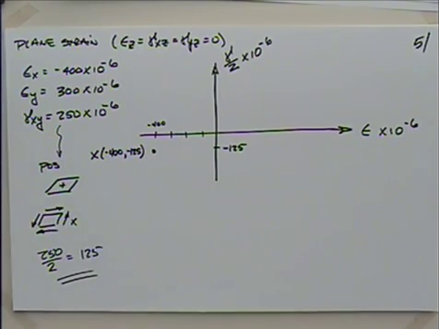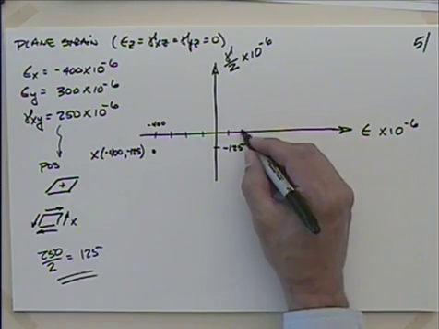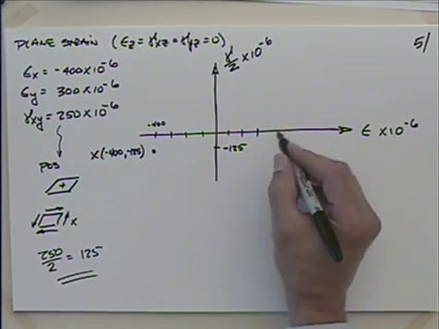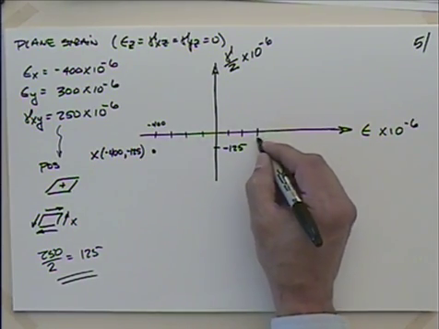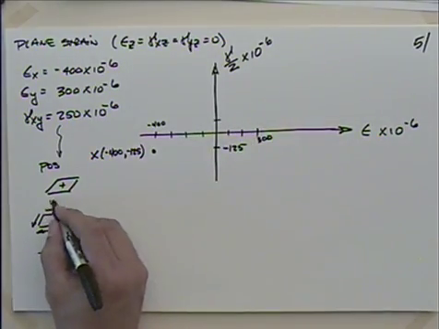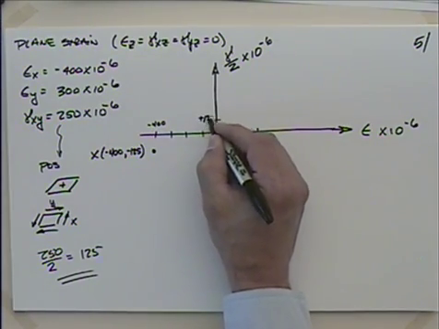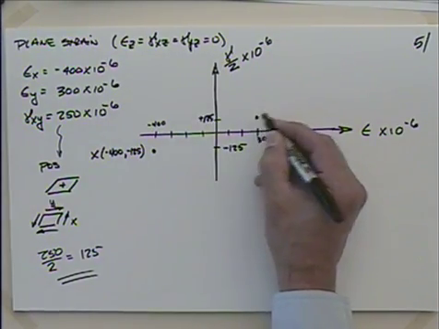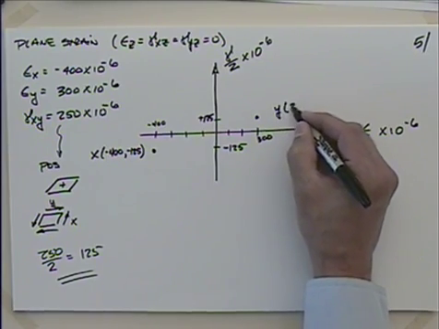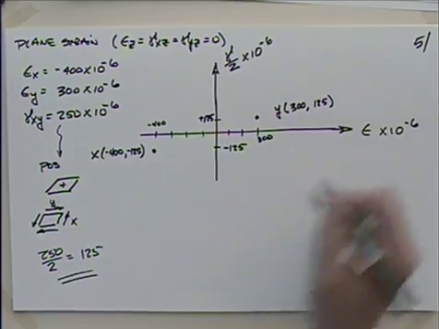We don't want to forget about that because it's gamma over 2. So there's the x point. Then the y point is positive 300, so 100, 200, 300. And on the y face, I should have positive 125. So there's my y: 300 positive and 125 positive.